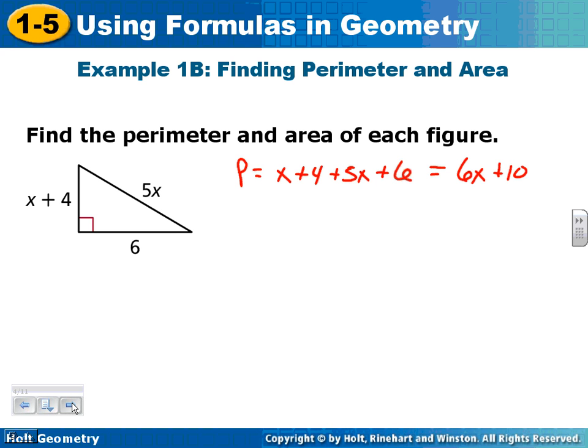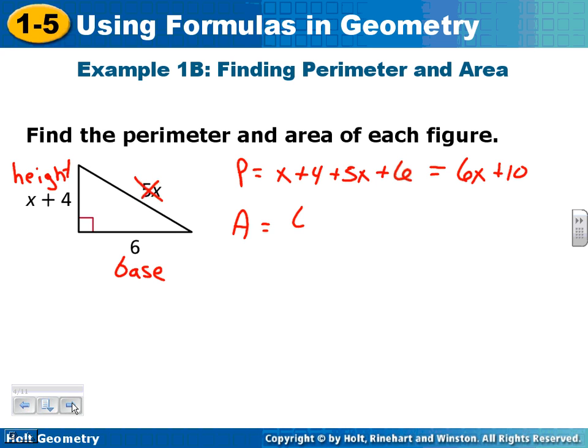There's my perimeter. My area is the formula base times height divided by 2. 6 is my base. This one out here is my height, so I would not use the 5x. I only use the 5x for the perimeter.